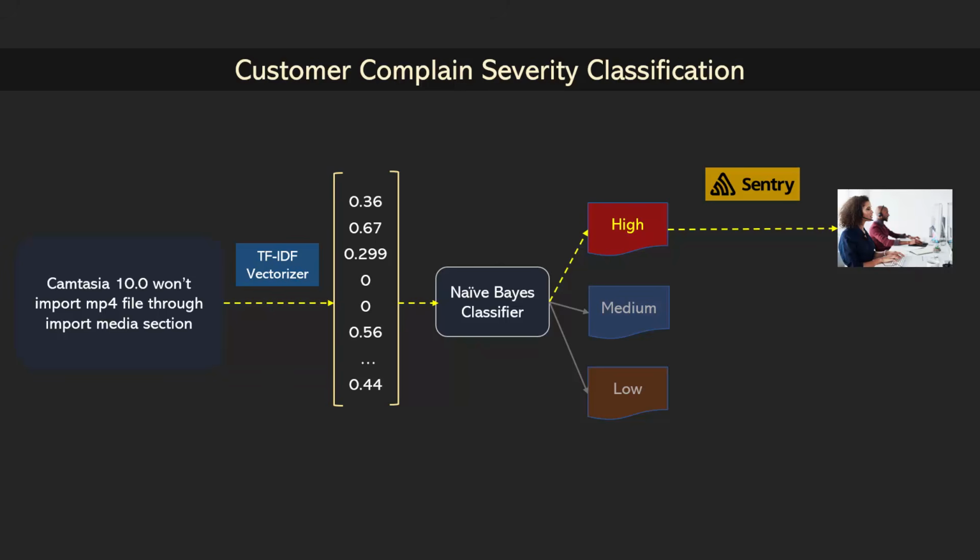So the way TechSmith would have designed the system is, if the complaint is high, you have integration with a software such as Sentry, which is basically a monitoring tool, and then that can route a call to your call center, and some customer care representative can assist you with that ticket.